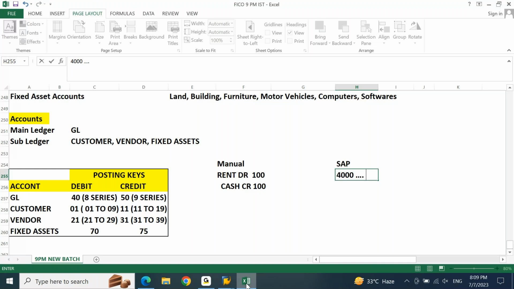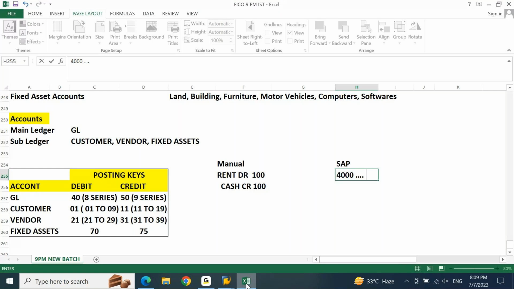Sir, I have a question. Go ahead. Sir, in customer, vendor and fixed asset, we do entries related to accounts payable, for example purchase related. Vendor again is sales related. We debit and credit as per that.